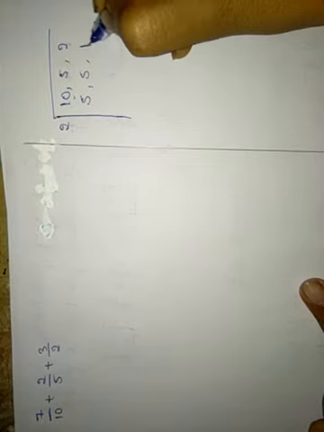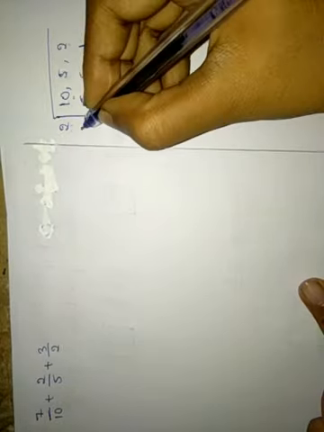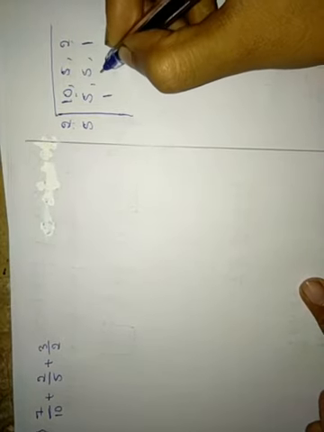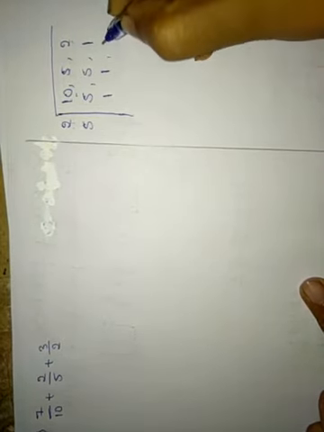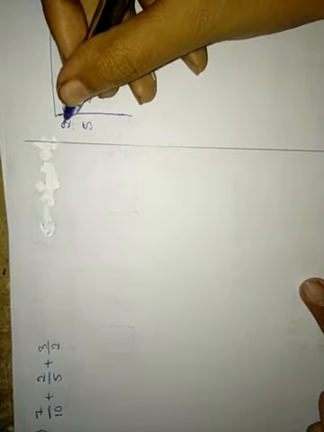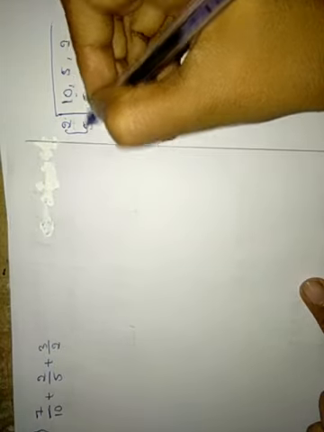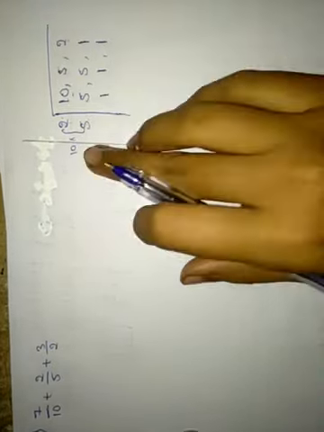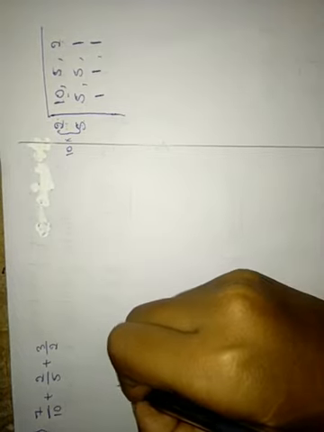Again 2 1s are 2, right? I will take again 5. 5 1s are 5. I will keep this one as it is. Here we got two values. We'll multiply them. 2 5s are 10. Now the LCM value is 10.